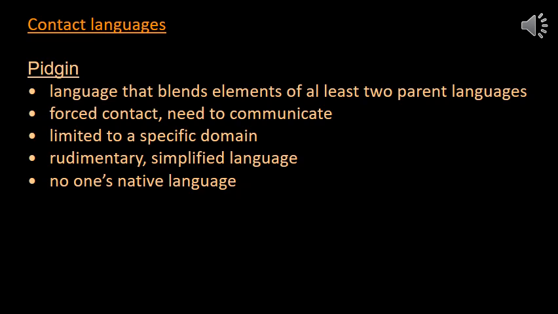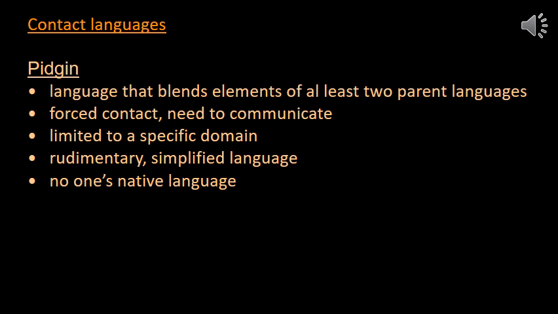The first step in the creation of these new languages is called pidgin. A pidgin is a new language that blends elements of at least two different parent languages. A pidgin is created not because people want it, because people need it. They do not speak the same language.